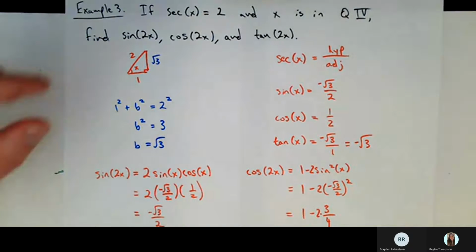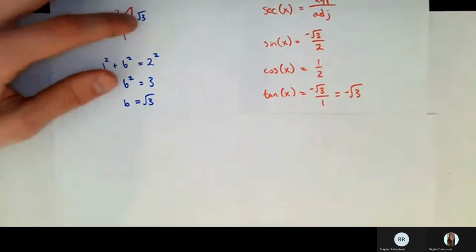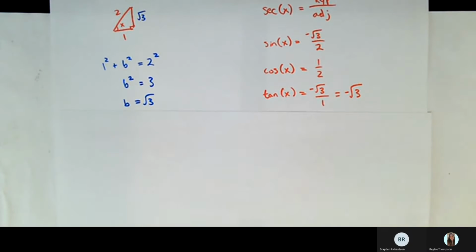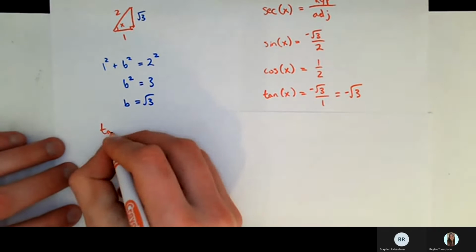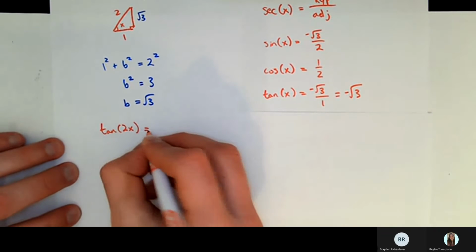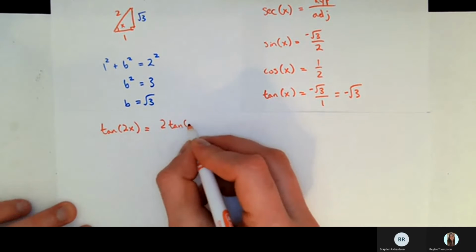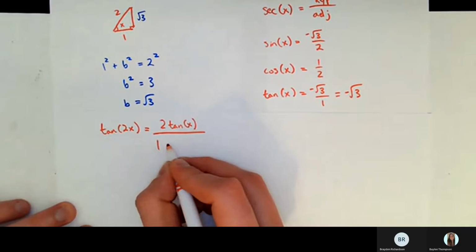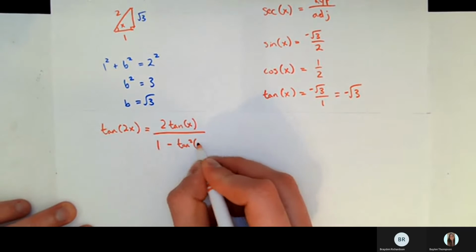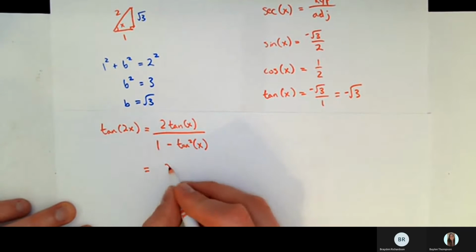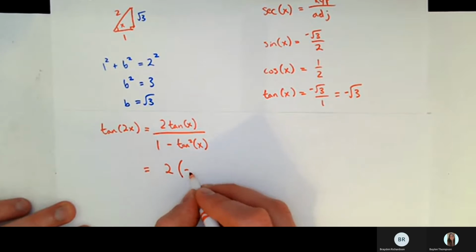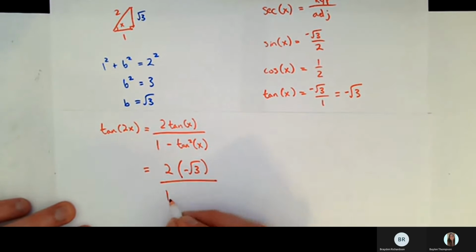Okay, let's do tangent of 2x now. Tangent of 2x. And I'm going to use the formula, not the definition of tangent like I did with the last one. I'll actually use this formula, with 1 minus tangent squared of x there. So I'm getting twice negative square root of 3 all over 1 minus negative square root of 3 squared.